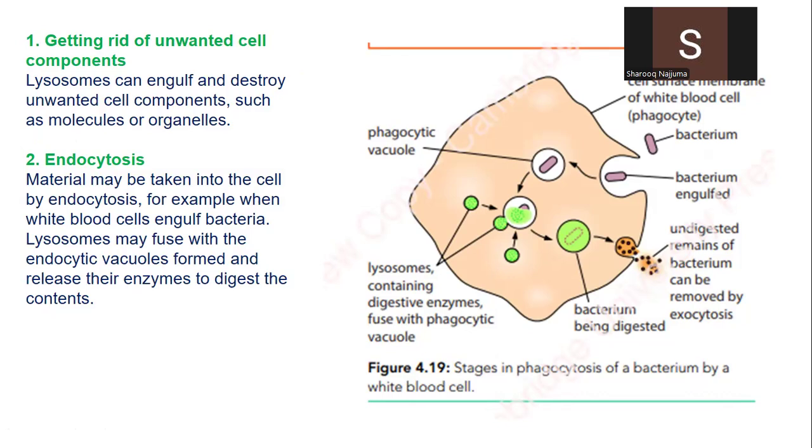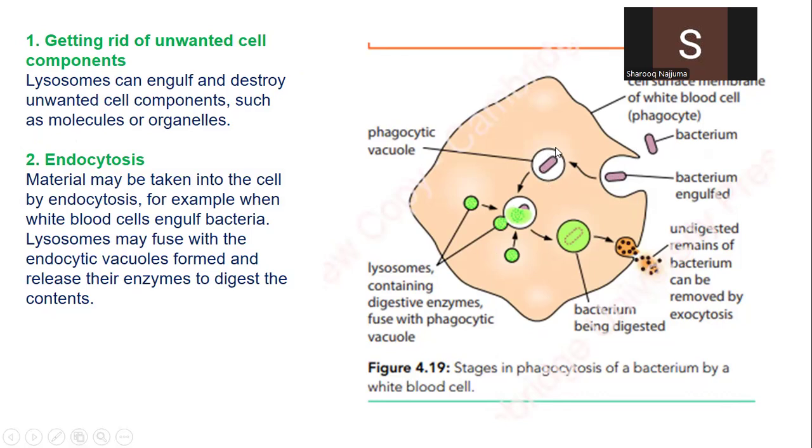Lysosomes are used in endocytosis. You learn about details of endocytosis still in chapter 4, cell membrane and transport. But this picture shows you what endocytosis is about. When pathogens enter into your body, like the bacteria, we have white blood cells, particularly the phagocytes. So the phagocytes enclose the bacteria and place it into a vacuole known as a phagocytic vacuole.